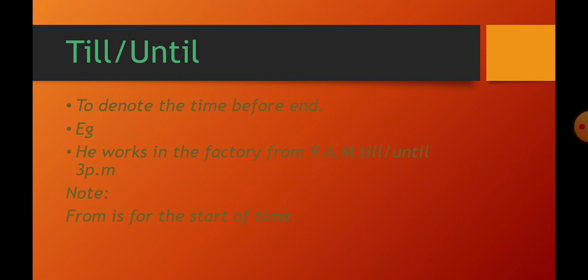Note, from is used for the start of the period. That means he starts working from 9 a.m. So the starting period uses from and the end of the period uses till or until.